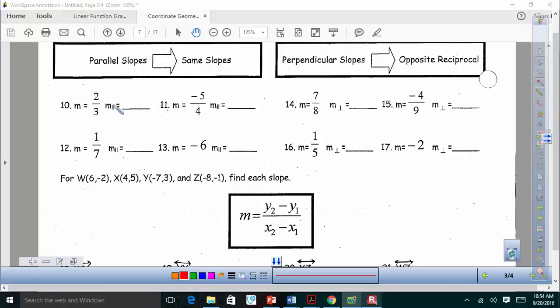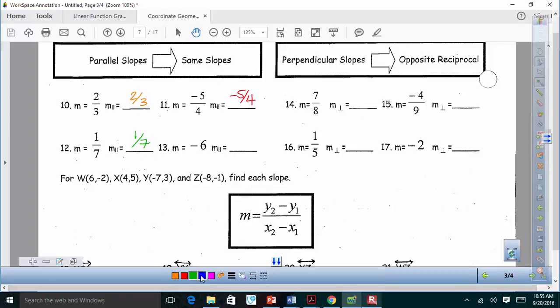Do you remember what the symbol is right here? Parallel. So a slope that's parallel to this. So what would a slope that is parallel to 2/3 look like? 2/3. Okay. What about a slope that is parallel to -5/4? -5/4. Okay, is that hard? They're always the same. So a slope that's parallel to 1/7 is 1/7.